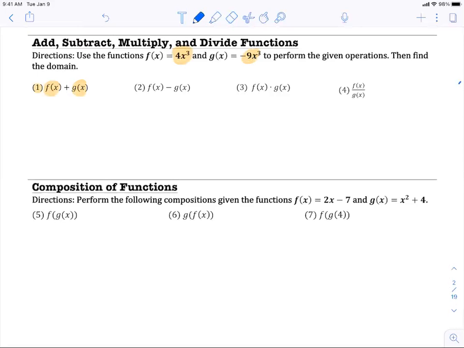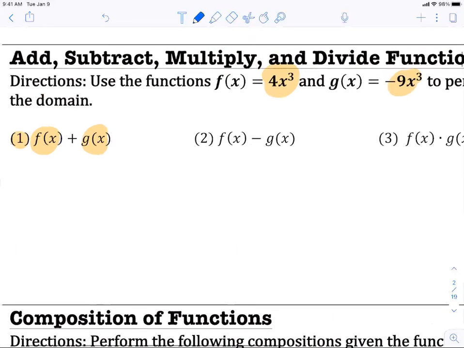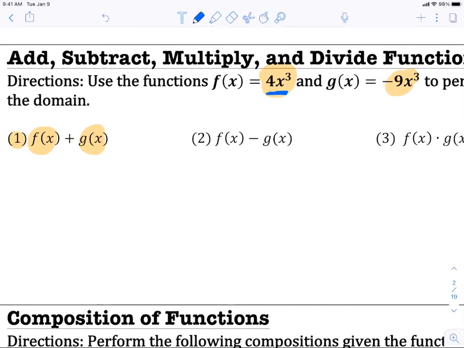If f is the function 4x cubed and g is the function negative 9x cubed, then my goal is to add those two functions together. Take f of x, which is 4x cubed, and add that to whatever g of x is.